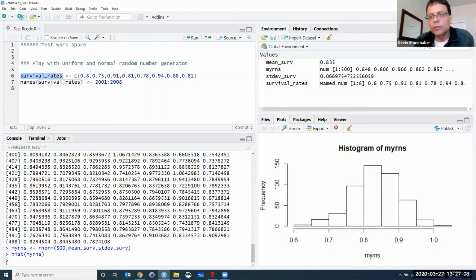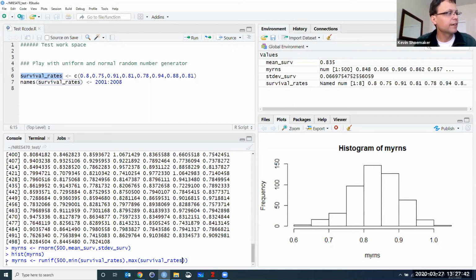You could fit a uniform random number generator like you were mentioning. The random uniform just takes a minimum and a maximum. So I could make a uniform, take 500 of those. And instead of using the mean and the standard deviation, I'll just take the minimum of my survival rates and the maximum of my survival rates. Those are the parameters that describe a uniform distribution.